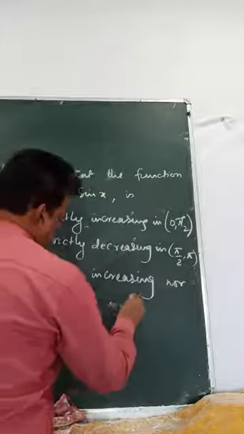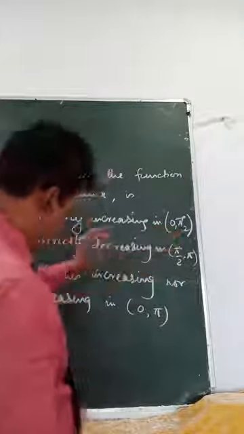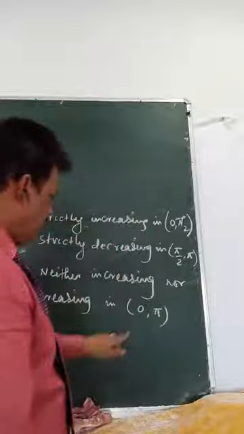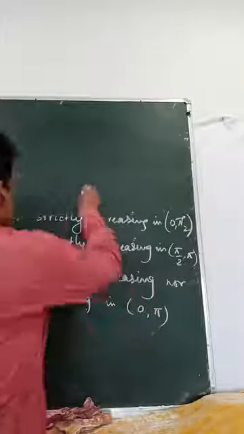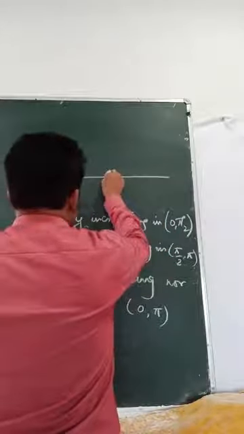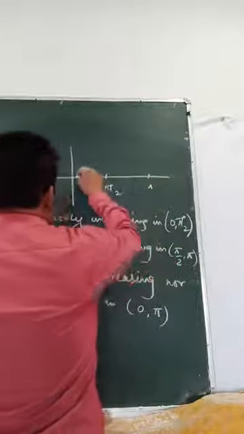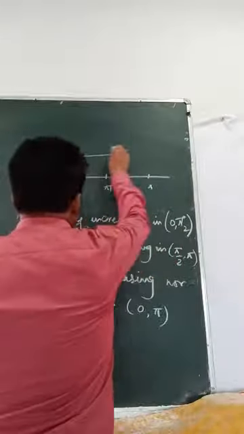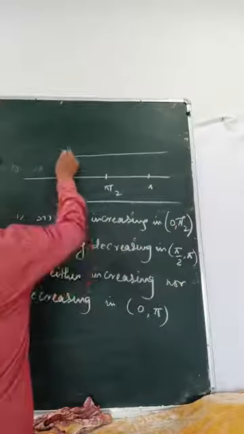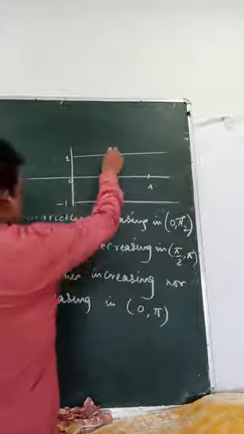in 0 to pi. To understand this, first think of the shape of the graph between 0 and pi. Look at the graph here. The sine graph lies between plus 1 and minus 1. This is minus 1, this is plus 1. Sine 0 is 0, sine 90 is 1, the maximum value.